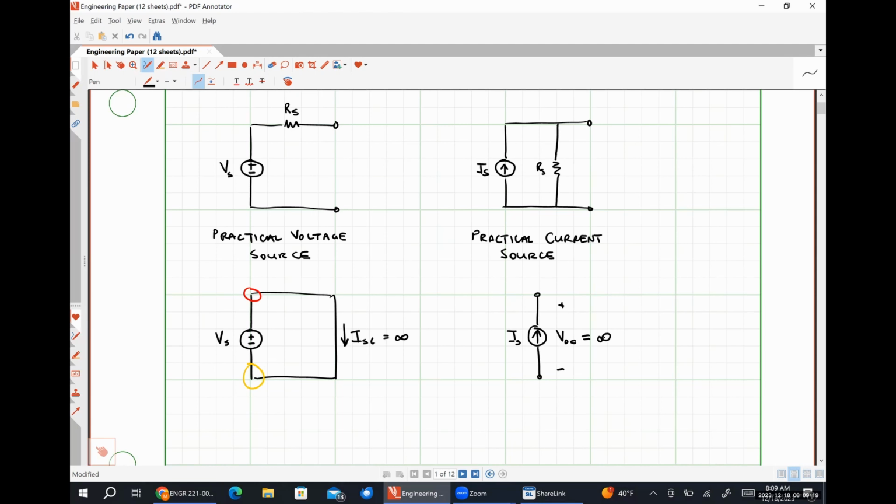And so the role of the source resistance Rs here is to limit the voltage drop that can occur across a practical voltage source. Excuse me, practical current source, goodness.